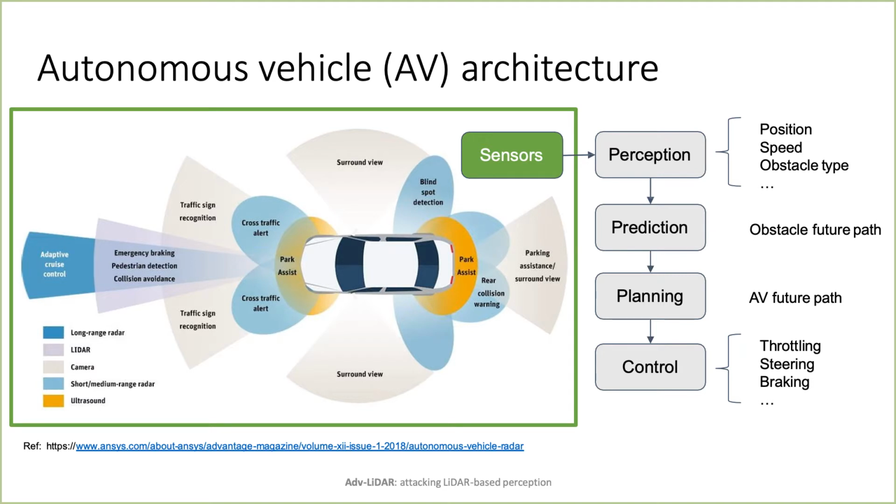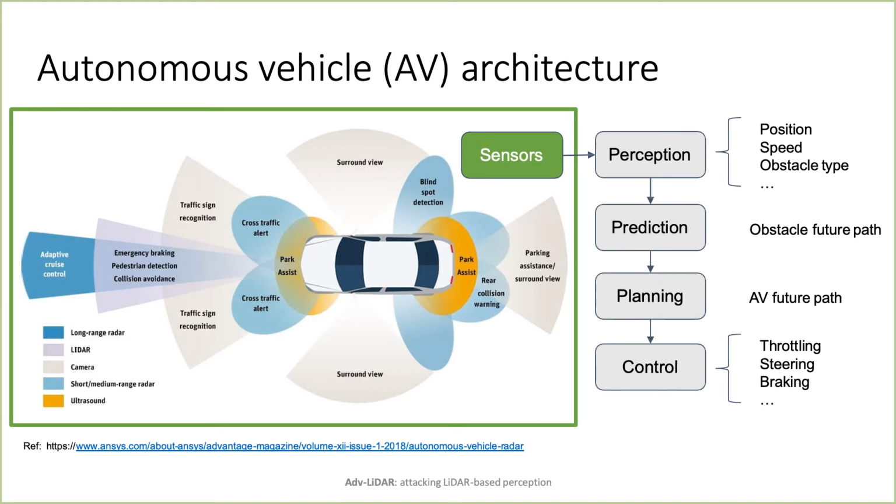Now, these sensors are just one step of the pipeline for how the autonomous vehicle works. So the raw sensor data is then piped into a perception module. This perception module then uses pre-processing, machine learning, and post-processing to essentially spit out these obstacles that will have a position in space and a speed.